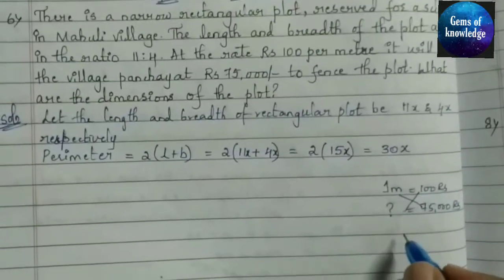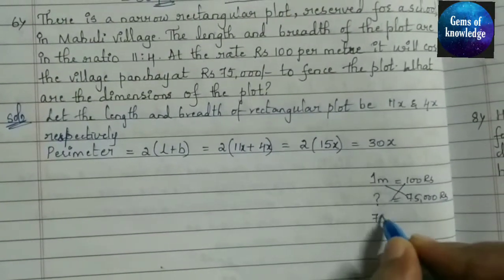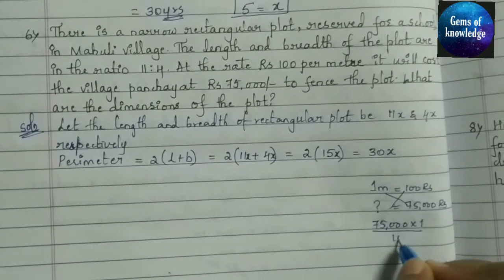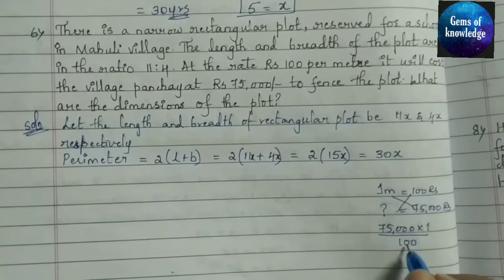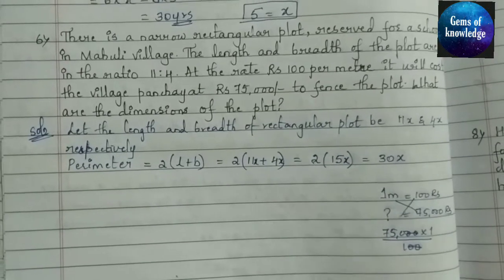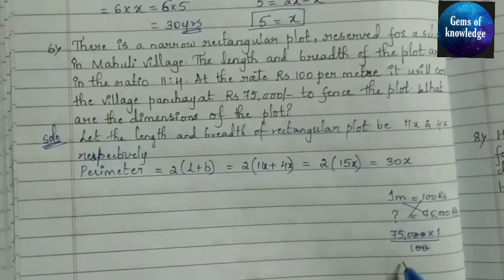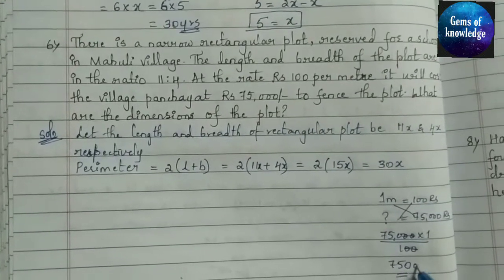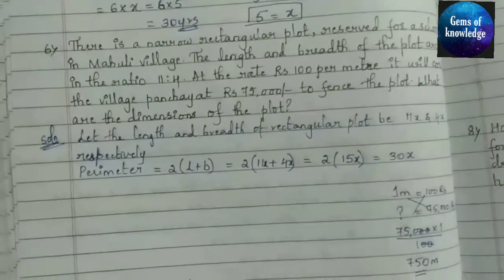So when we cross multiply here, what we are going to get is 75,000 into 1 divided by 100. Okay, so 100 means 2 zeros and this 2 zeros will be cancelled. So we will get 750 into 1, that is nothing but 750 meter we will get.